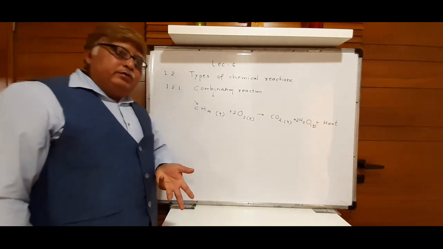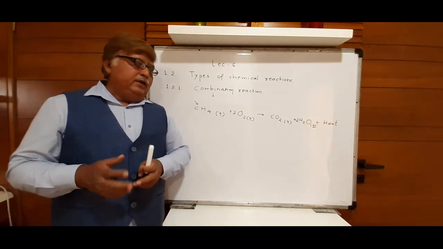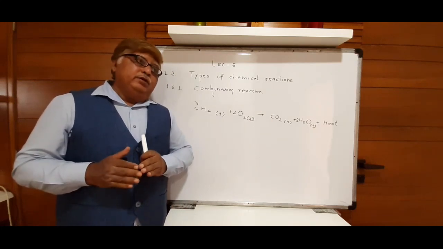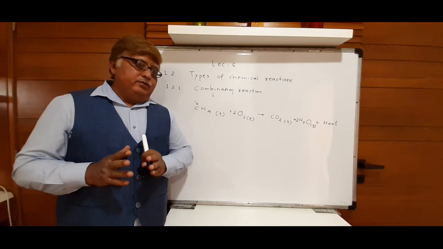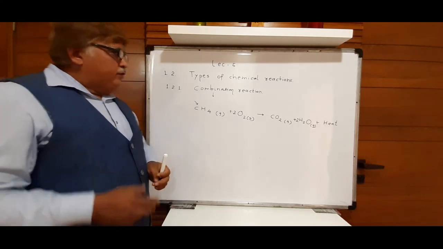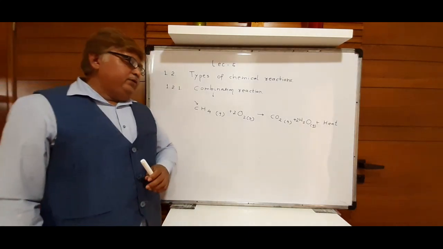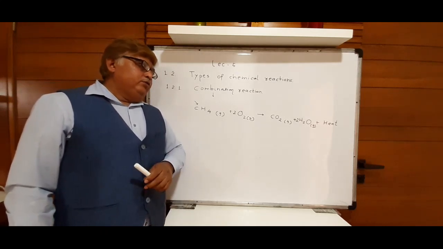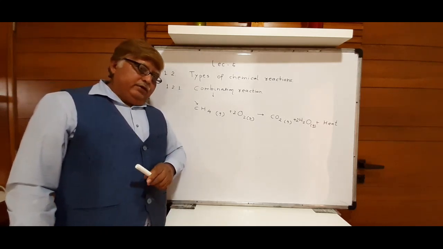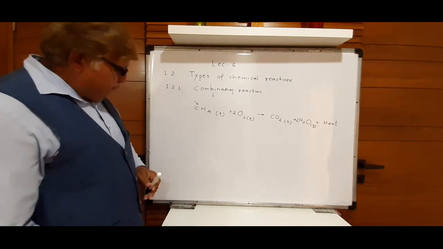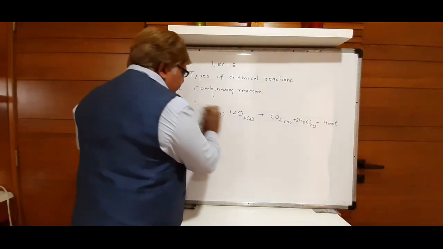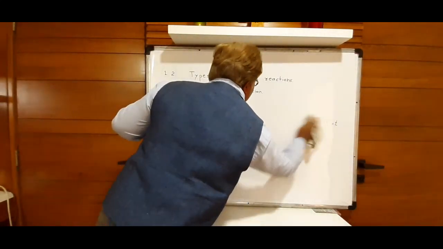So this is also an example of exothermic chemical reaction. Understood? So in support of exothermic chemical reaction, you can mention all 3 examples. Now, let us move ahead and extend the topic this way.